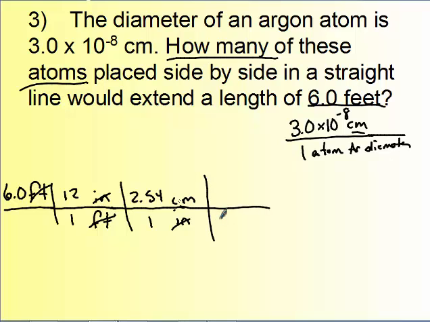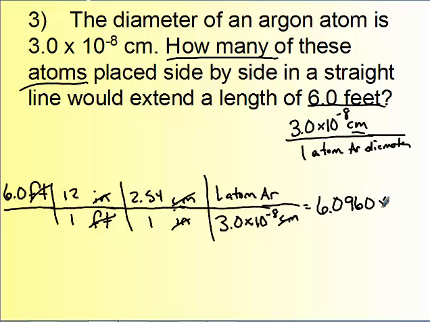Since centimeters is on top, centimeters has to go on bottom. And multiplying and dividing, I get a very large number. And we're going to have 2 significant figures, so 6.1.